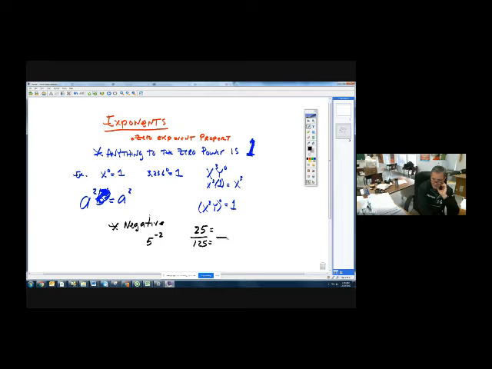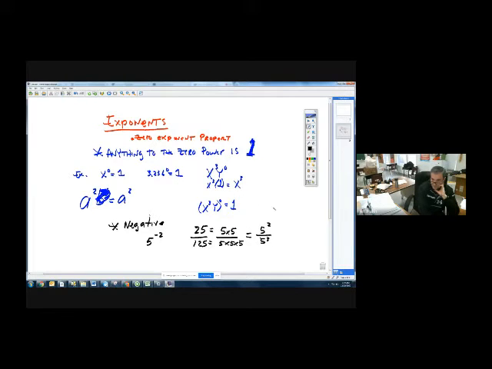If I prime factorize 25, it's 5 times 5, right? If I prime factorize 125, just take my word for it, it is 5 times 5 times 5. If I write these out as exponents, this is 5 squared, and this is 5 cubed.